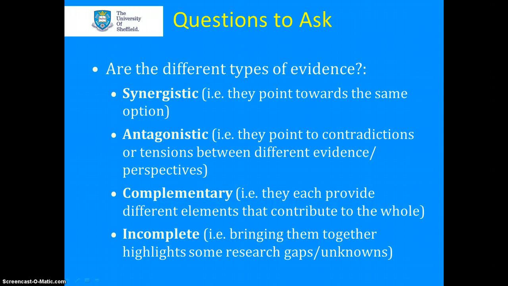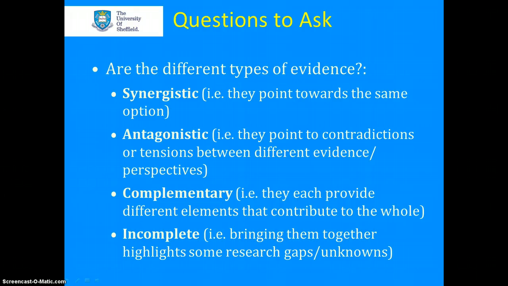For example, the quantitative evidence on what works and the qualitative evidence on what people respond to positively, they may point towards the same option. And in which case, as long as other constraints such as cost and skills are able to be overcome, you have a fairly firm steer towards a particular policy option.